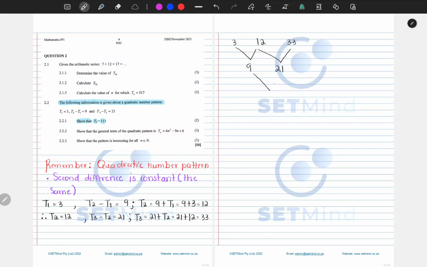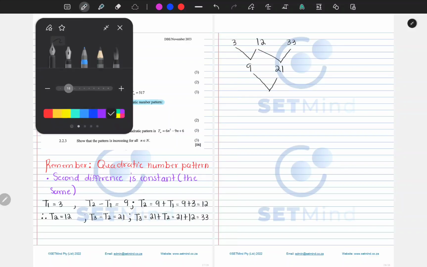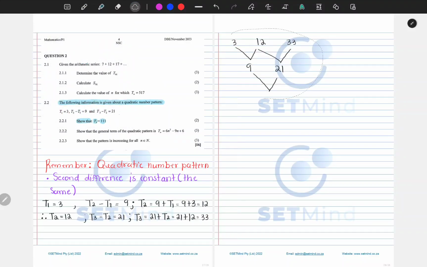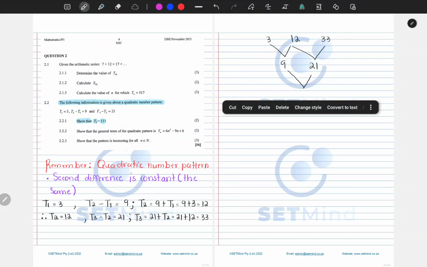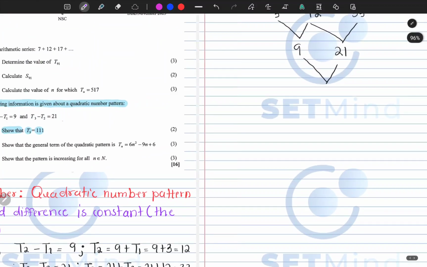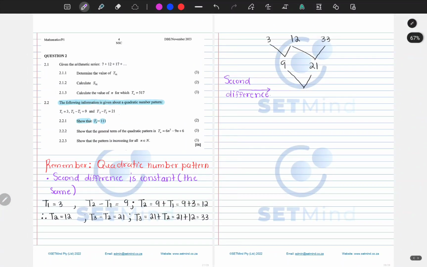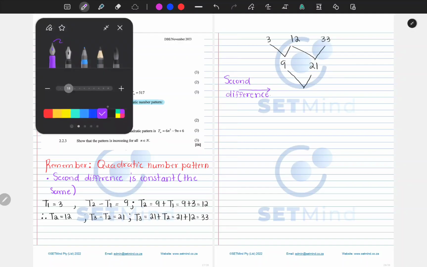What we know is that the second difference is equal. So where is the second difference? It is this last layer here. That is the second difference. If you look at the note, I said the second difference should be equal. So we'll do 9 minus 12.